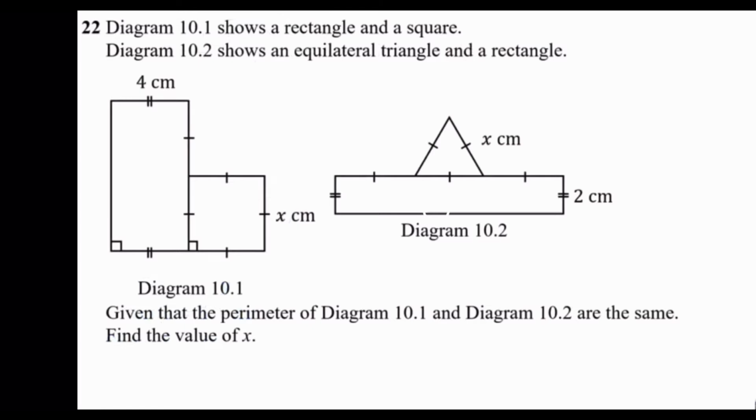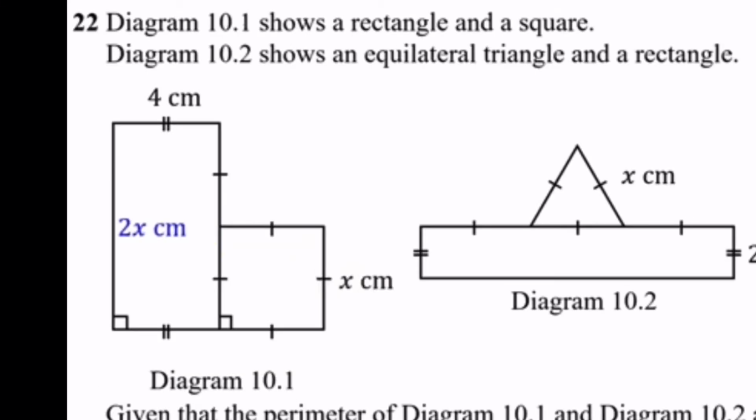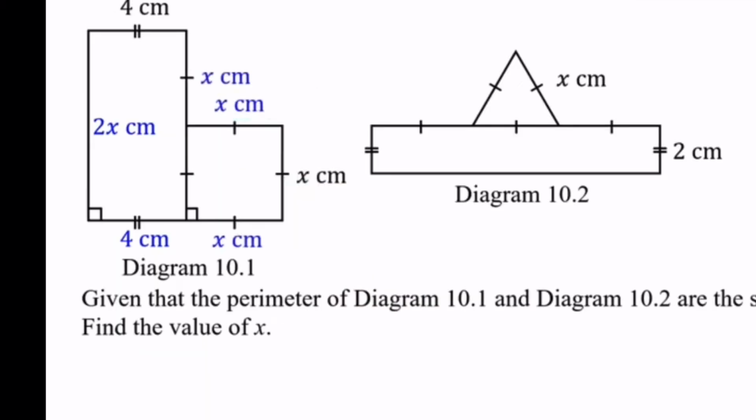Okay, so let's start now. We are going to label the length for each part of the line in the diagram. We will start with diagram 10.1. So now we will label 2x, 4, and then x. That is diagram 10.1. For 10.2 we have 2x and 4x there.